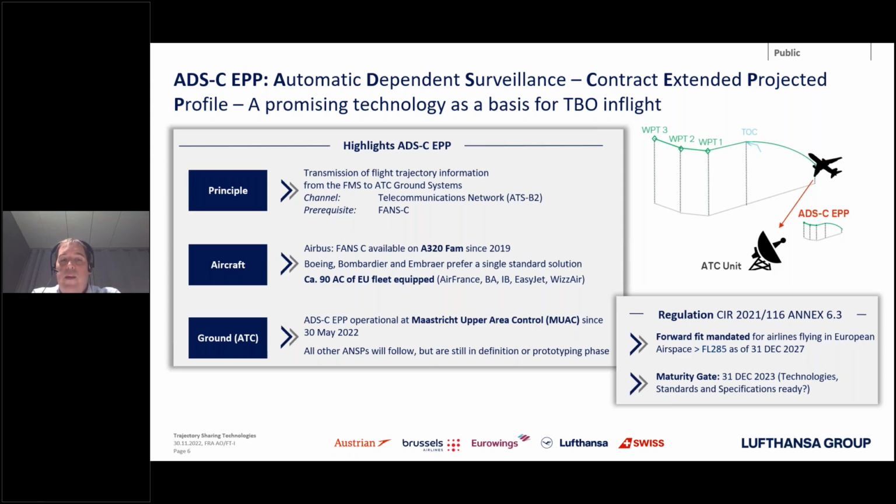And right now, about 90 aircraft of the European fleet are equipped, mainly from Air France, British Airways, Iberia, EasyJet, and Wizz Air. And Maastricht is the only ANSP right now that is operational for this technology, since May of 2022. However, it's mandated to be introduced at the latest by the end of 2027. So it will definitely come. Next slide.